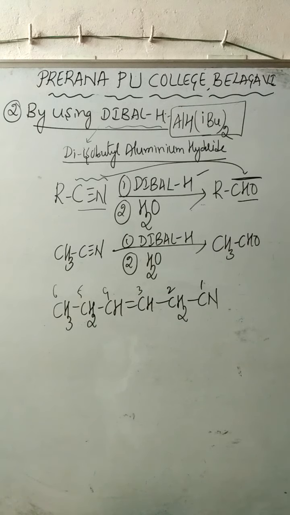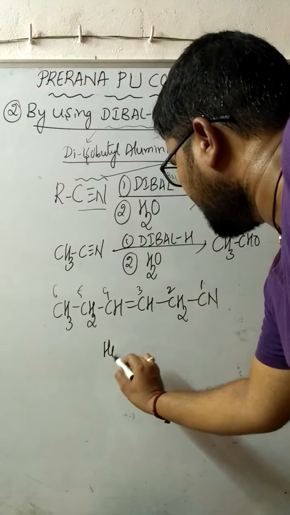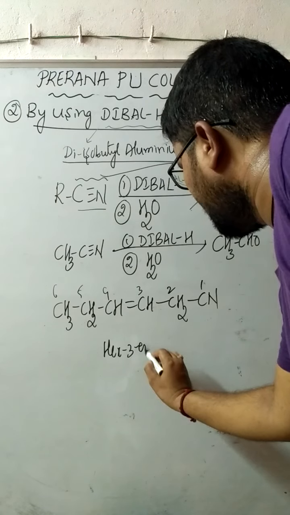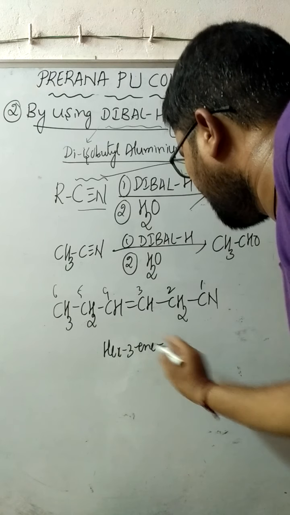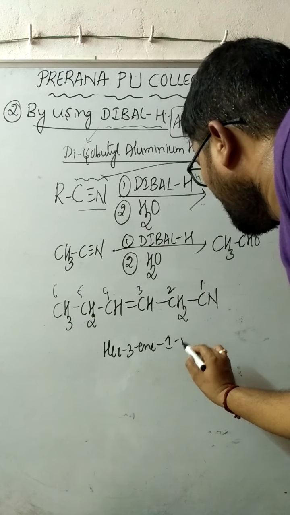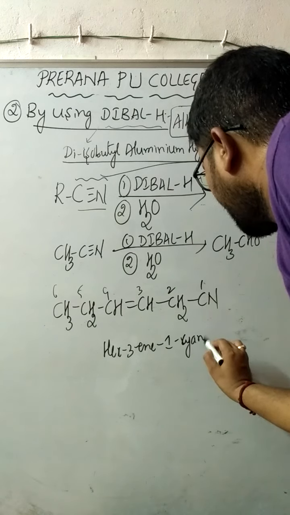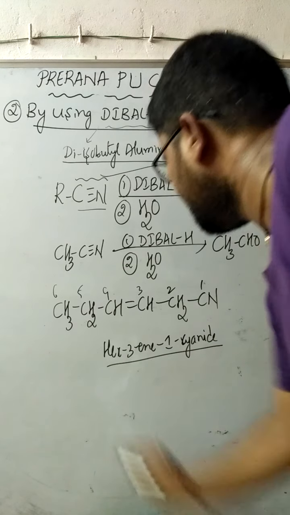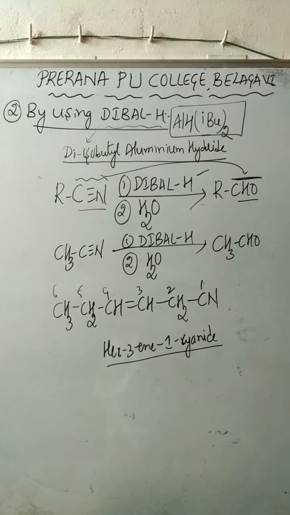So 6 carbons means the longest chain is hex. So I can write it as hex-3-ene, because the third carbon has unsaturation, and 1 cyanide, or else I can write it as hex-3-ene-1-nitrile, or cyanide.